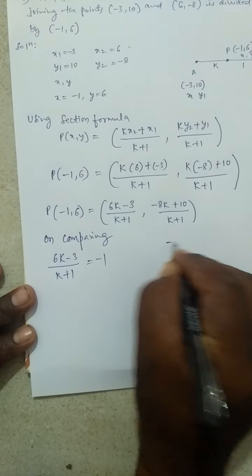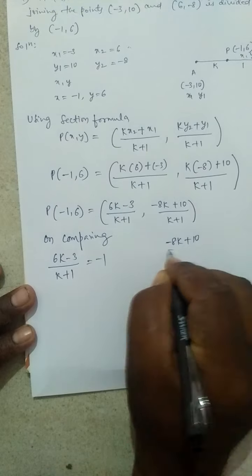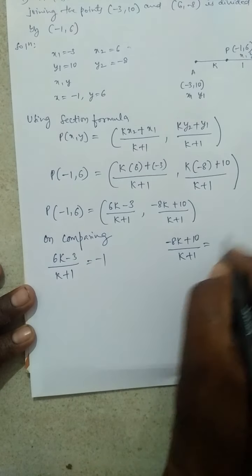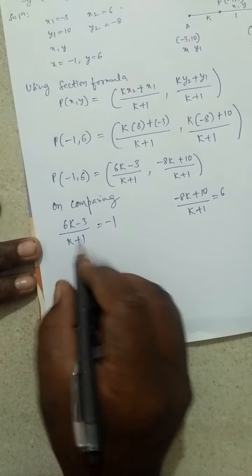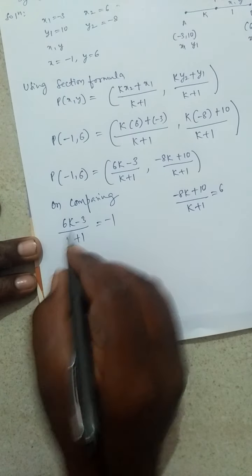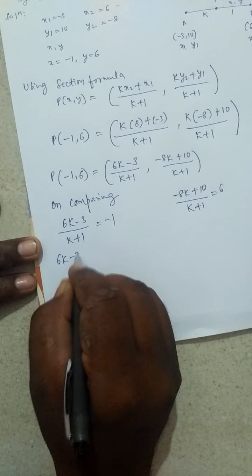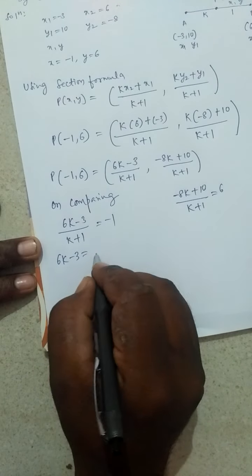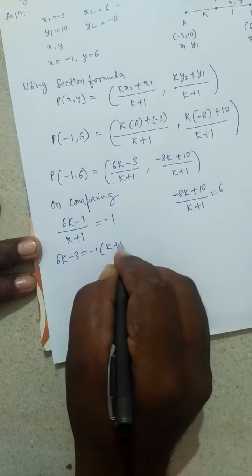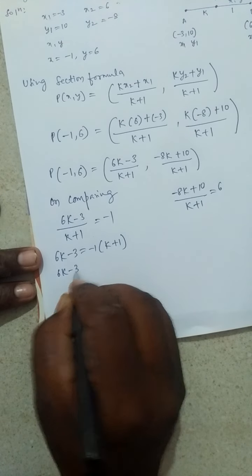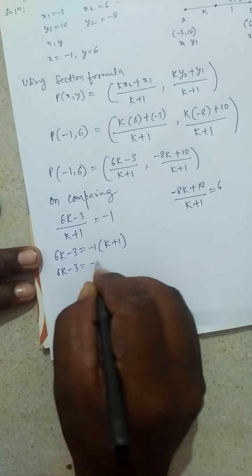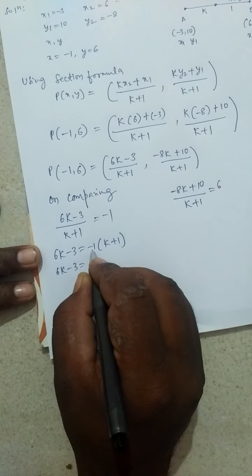Second part, (-8k + 10)/(k + 1), this one you have to compare with 6. So if you compare both sides, what happens? Cross multiplication. So this 6k - 3, you have to multiply with this part, so -1 into (k + 1). So 6k - 3 is equal to -1 into k is -k, -1 into +1, that is -1.